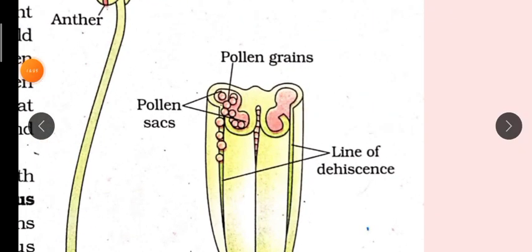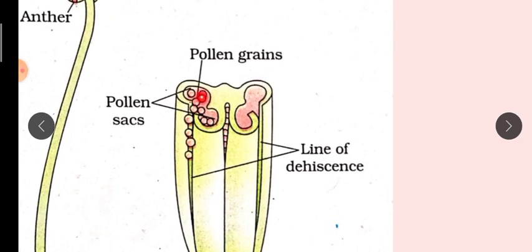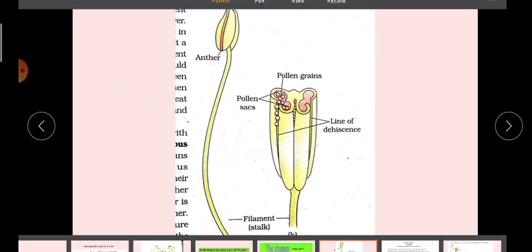So students, this is the process by which from a microsporangium in the microspore mother cells pollen grains are produced, and what is the structure and by what layers they are surrounded.